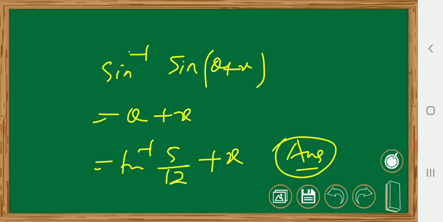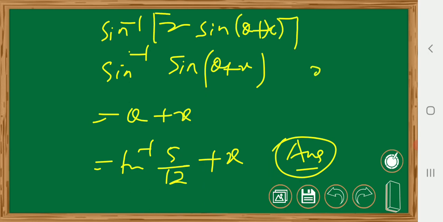You may ask, sir, where is the r? r is here, sin inverse r into sin(theta + x). As r is equal to 1, you can put 1 in place of r and you will ultimately get this result. Okay, hope you can understand this one.